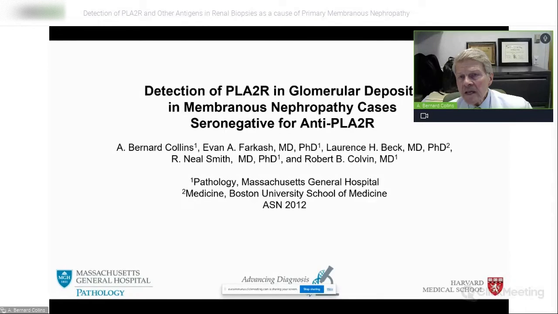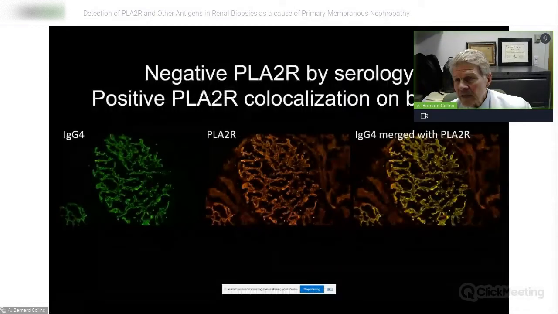One of the things I would like to point out is that in patients that are seronegative for anti-PLA2R, you can still have PLA2R glomerular immune deposits. And we published this at the ASN in 2012, showing that in seronegative patients, you certainly can have PLA2R.